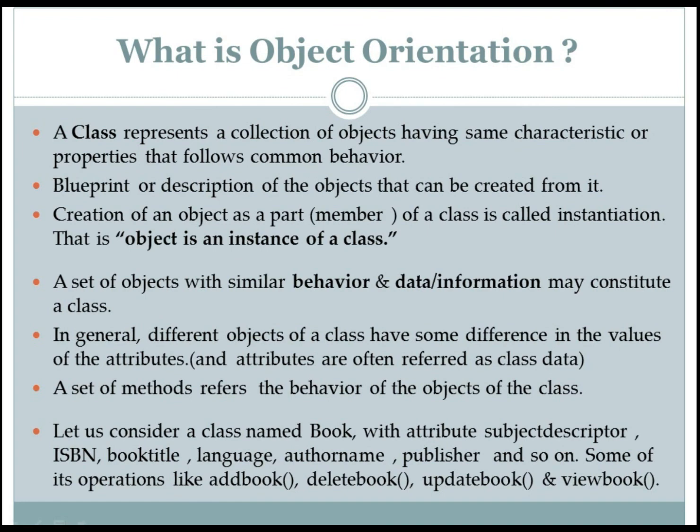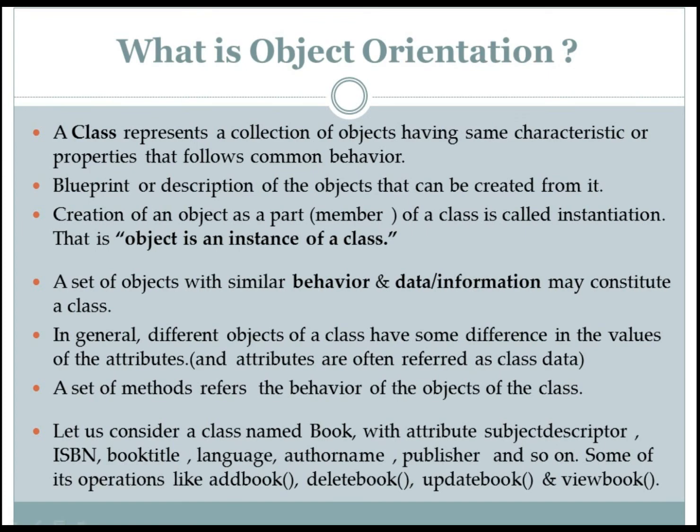We have another example. Let us consider a class named book having attributes like subject descriptor to represent the subject, ISBN for the publication, book title for the name of the book, then language, author name, publisher, and so on. With this, we have some operations in this class like add book, delete book, update book, and view book.